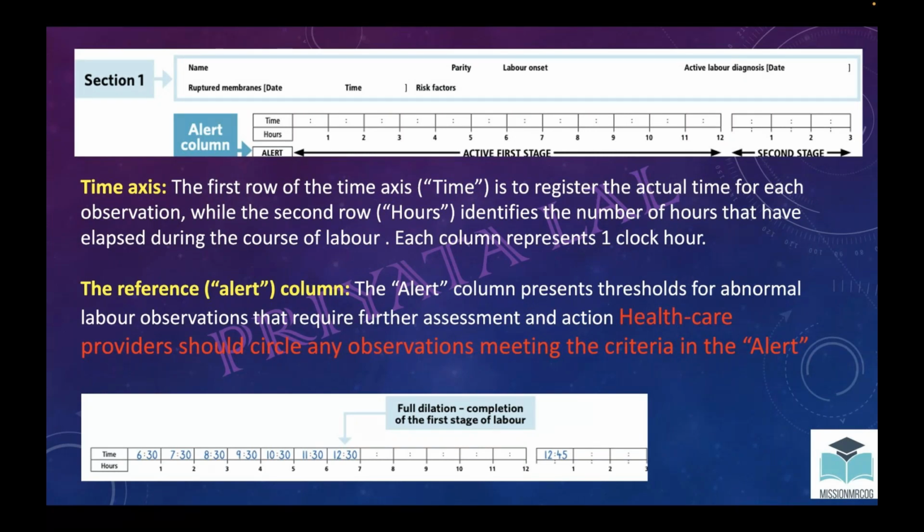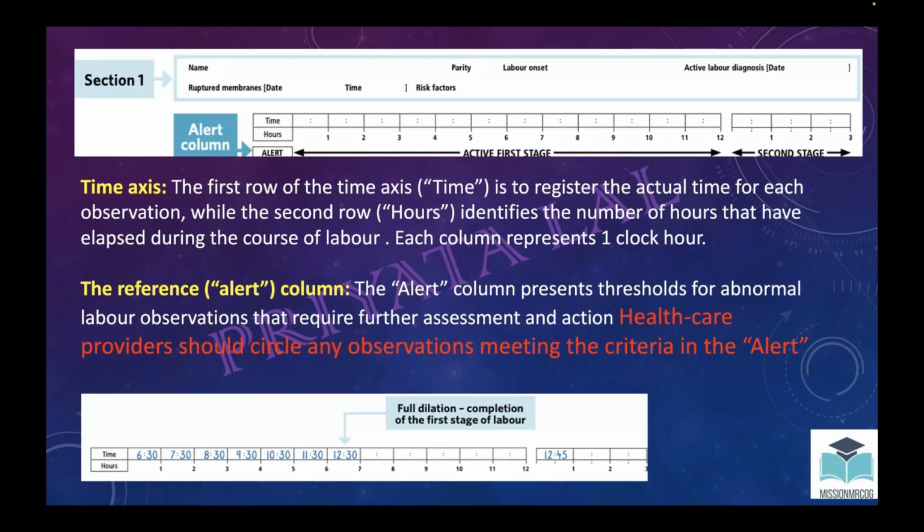Those who are doing the monitoring, who have appropriate knowledge to use the labor care guide, will fill it. So any deviation: the alert column will present the threshold for abnormal observation. If any observation is abnormal, then they will circle it. And how the circling will be done, I'll speak about in upcoming papers.